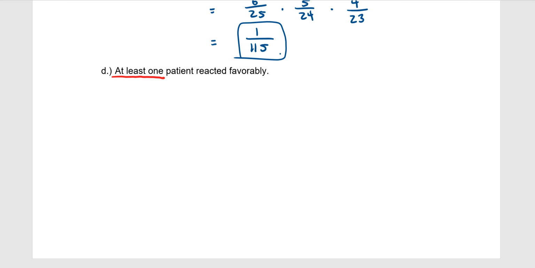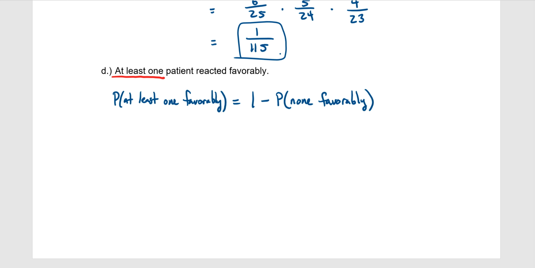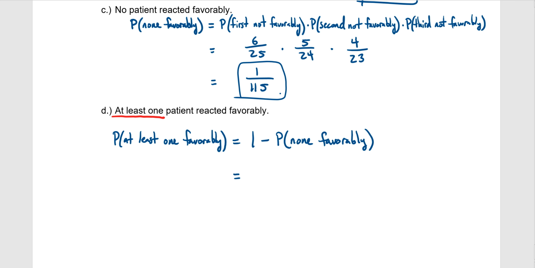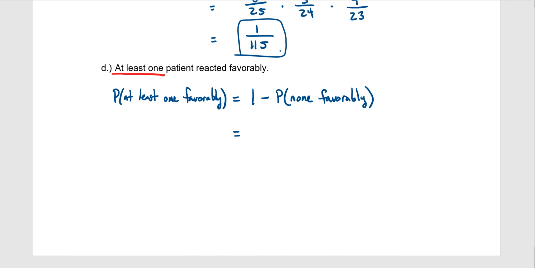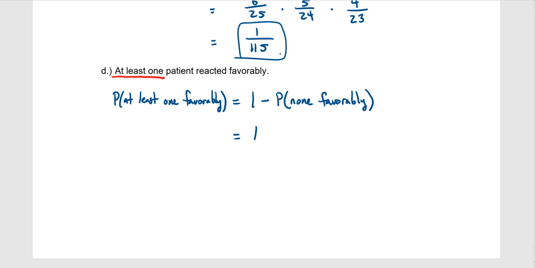The probability of at least one is 1 minus the probability of none in this case. And the reason why this is a nice shortcut is because we just calculated the probability for none favorably, and we got 1 over 115. So our answer is 1 minus 1 over 115.